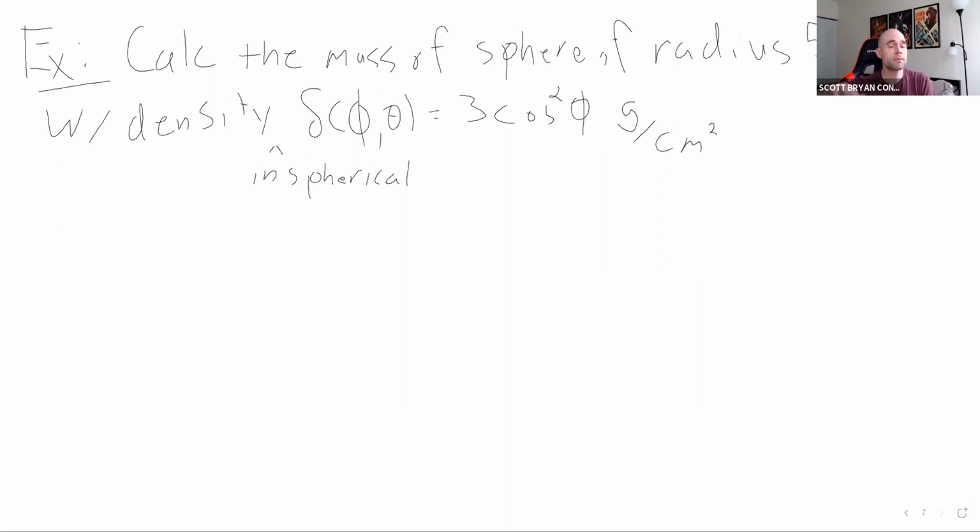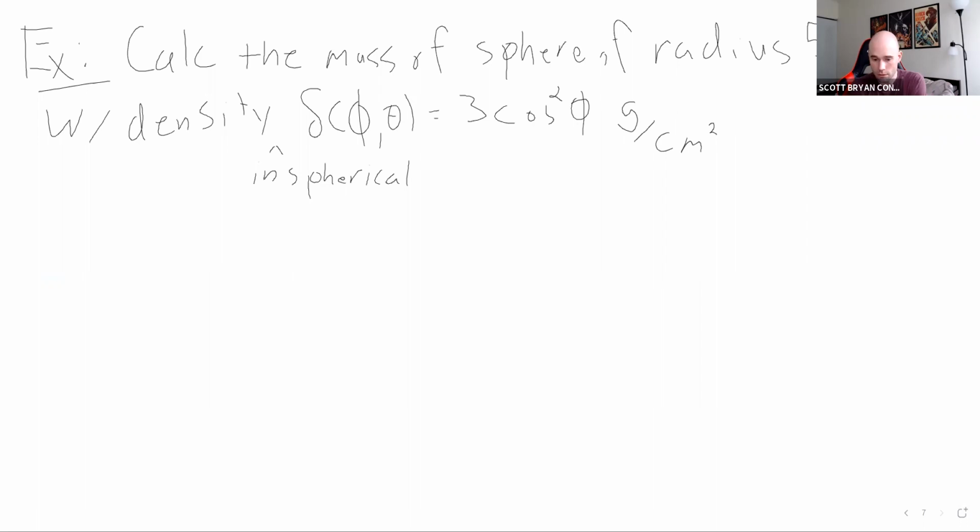So same thing, you want to find the mass or the total of something given a density over a surface. You integrate the density over that surface with respect to surface area. Mass is going to be the integral of the density in this case.